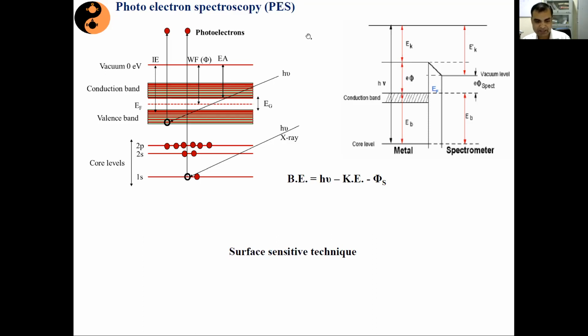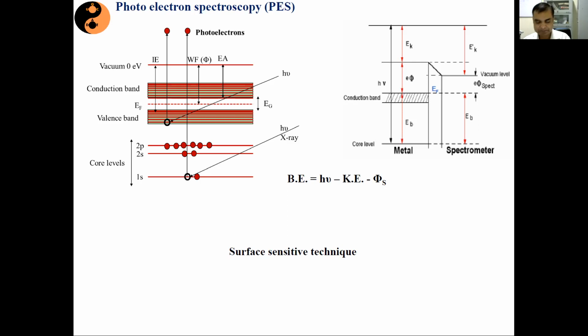So we can have core level spectra, obtained using X-ray sources, which we call X-ray photoelectron spectroscopy. We can have valence band spectra, where we can probe the distribution of electronic states or density of states close to the Fermi level.